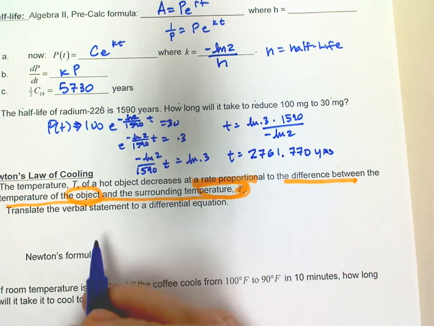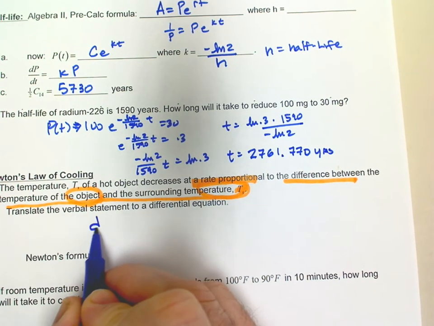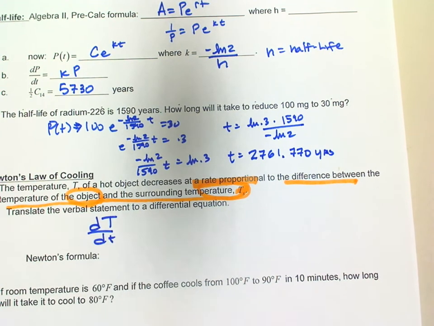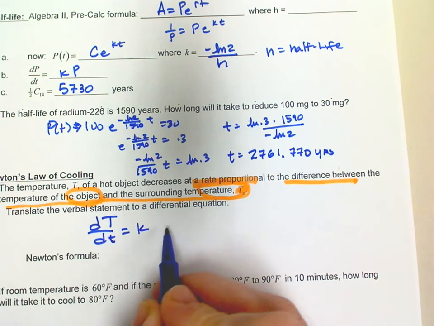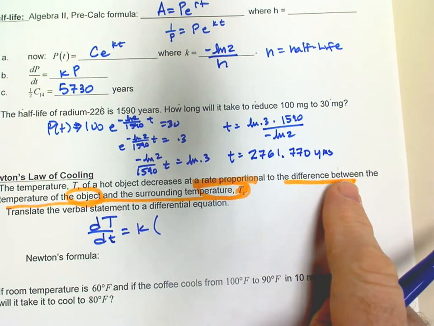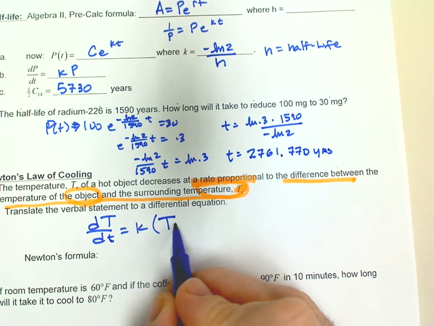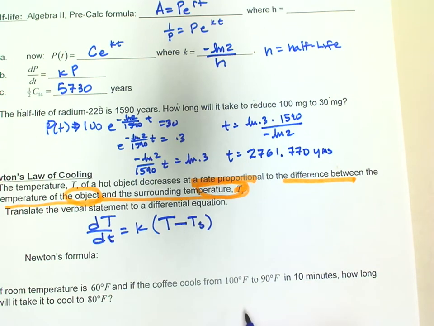In other words, the rate of change of the temperature, dT/dt, capital T for temperature, lowercase t for time, is proportional to the temperature of the object minus the temperature of the surrounding area.